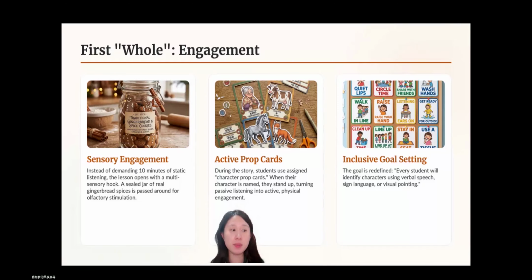The kids can smell the lemon and ginger. Then, instead of just listening to me talk, the students get character prompt cards. When they hear me say fox or cow, the kids holding those cards have to stand up and show them. Why did I do this? Because it changes passive listening into active physical engagement.